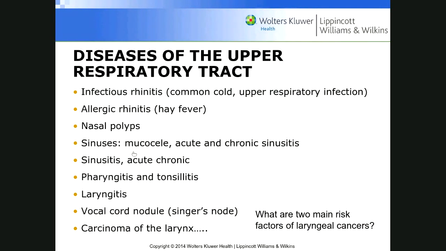Mucous cells are kind of like a swelling sac, kind of like polyps in a way, but polyps are usually found up in the nasal area. Mucoceles, you can have in your lip and in your tongue, for example.